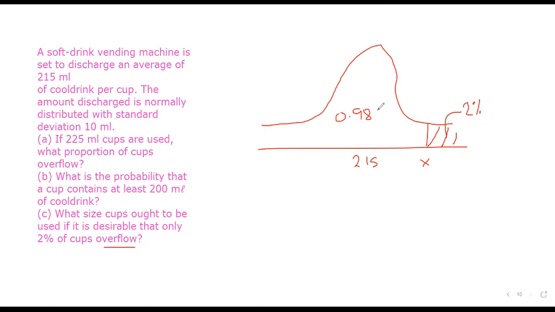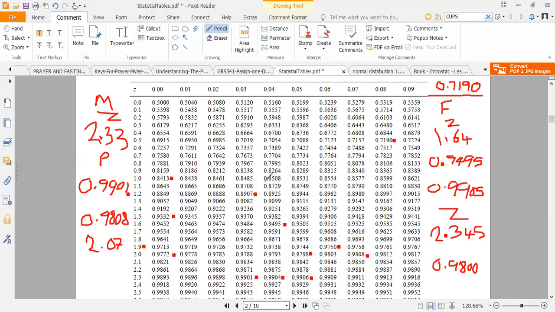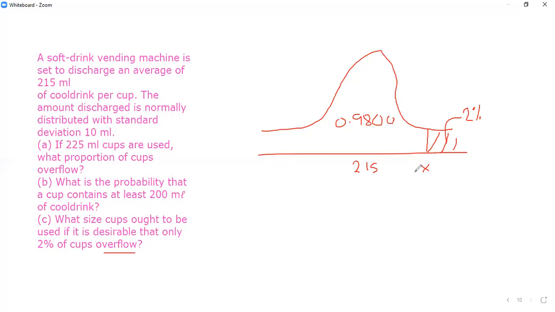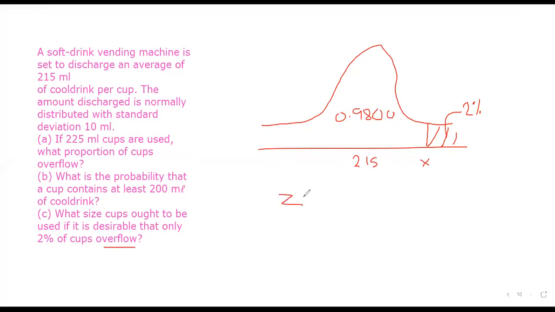So we check in the table which number is equal to or close to 98% or 0.98. We found 0.98 under 2.05. So this 2.05 is our Z. So we're going to have x minus mean over standard deviation.